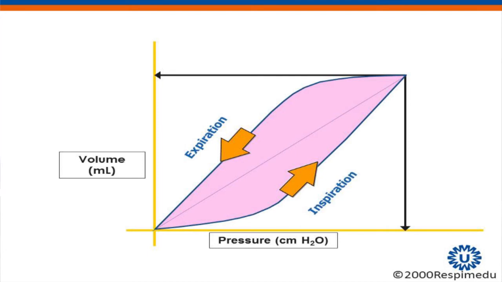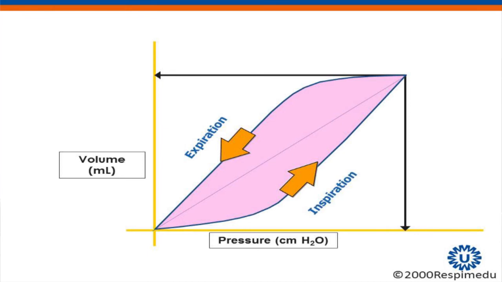And that's what we saw. What is going on? The loop is starting here at no volume and no pressure. Alveoli are going to open. There's pressure. Pressure is necessary. Alveoli are open, and air is going into the lungs.